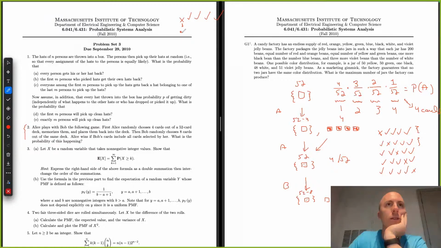So there's a 48 out of 52 chance of that happening. Now let's pick one of Alice's: 4 over 51 times 3 over 50 times 2 over 49 times 1 out of 48. Okay, so that's that. What about this one?